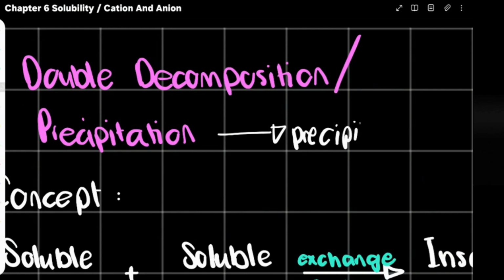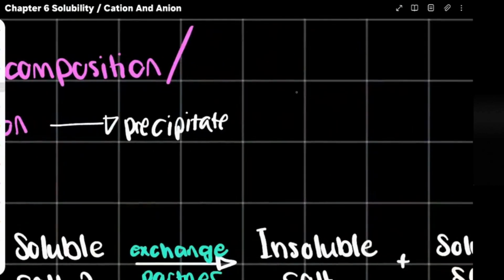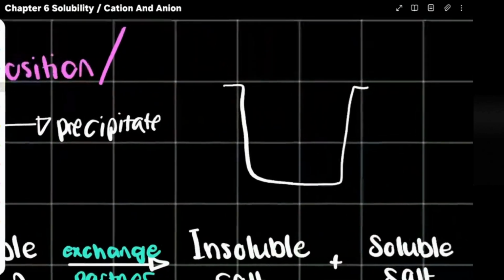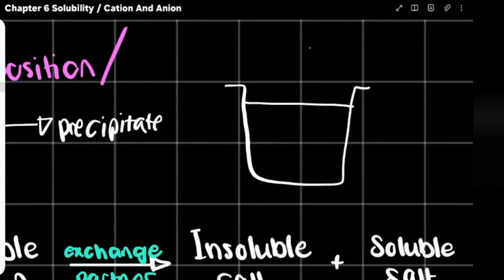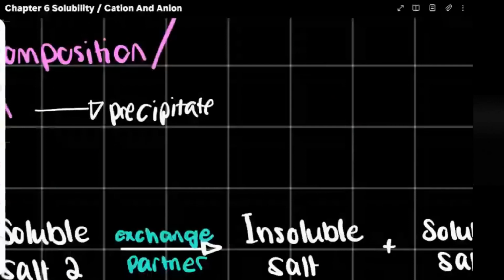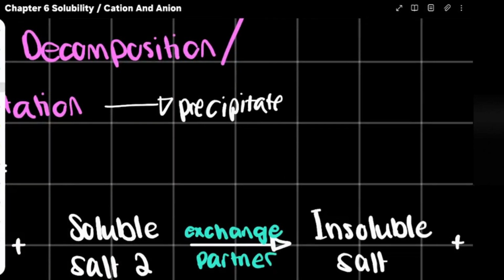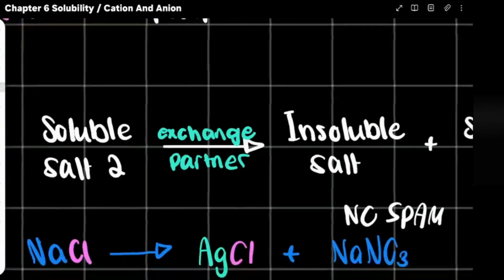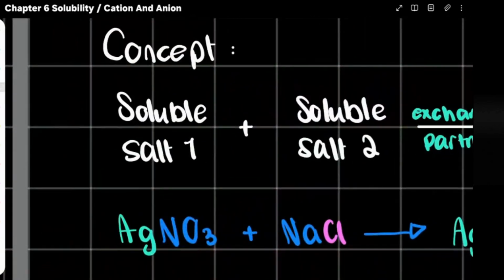For example, if you have a beaker with water, you're going to see some white stuff on the bottom, a collection of white stuff. This is called precipitate. Precipitate of course can have different colors, but all you need to know is that precipitate means a solid is produced. Now the concept will be soluble salt plus soluble salt.